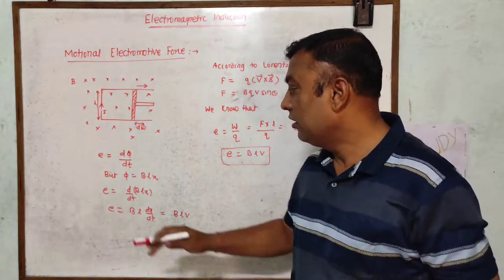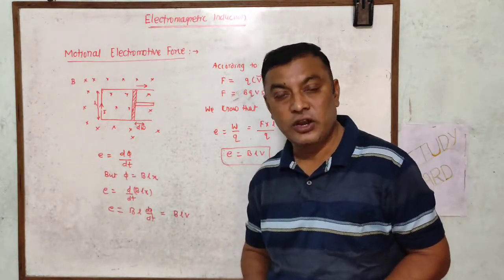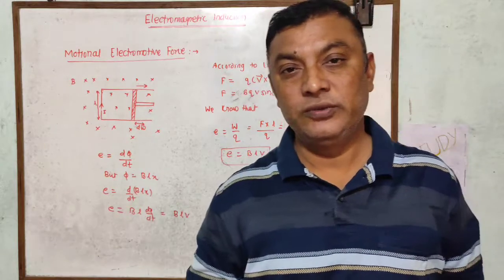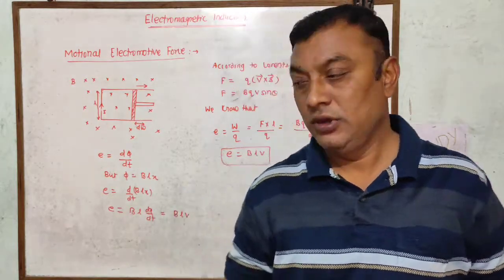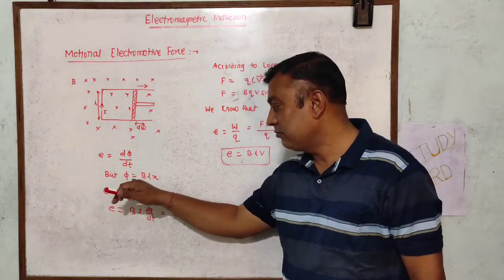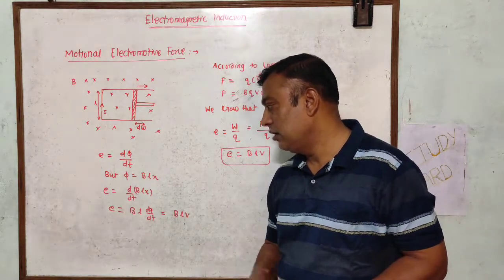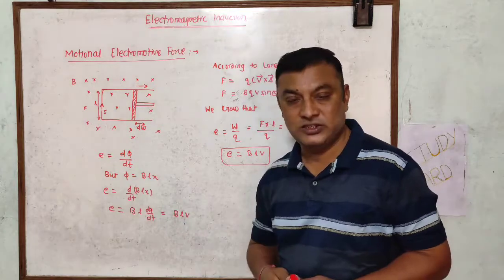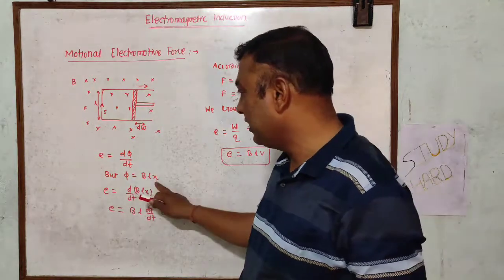You know that according to Faraday's law of electromagnetic induction, E is equal to d phi by dt. So what is magnetic flux? Phi is equal to B into L x, where L is the length and x is the width.